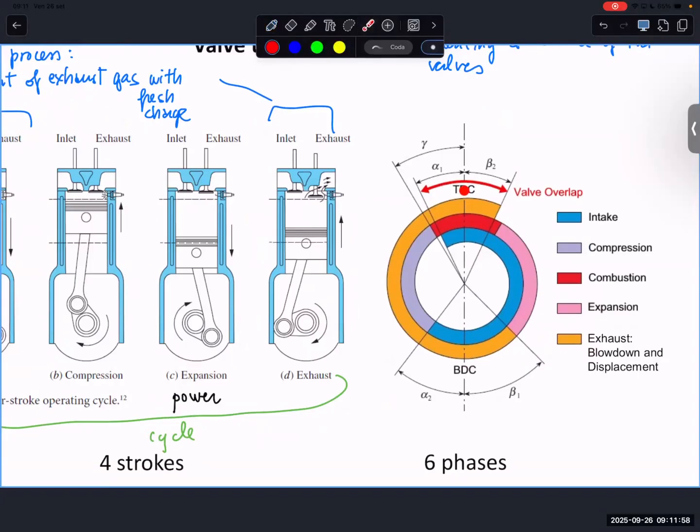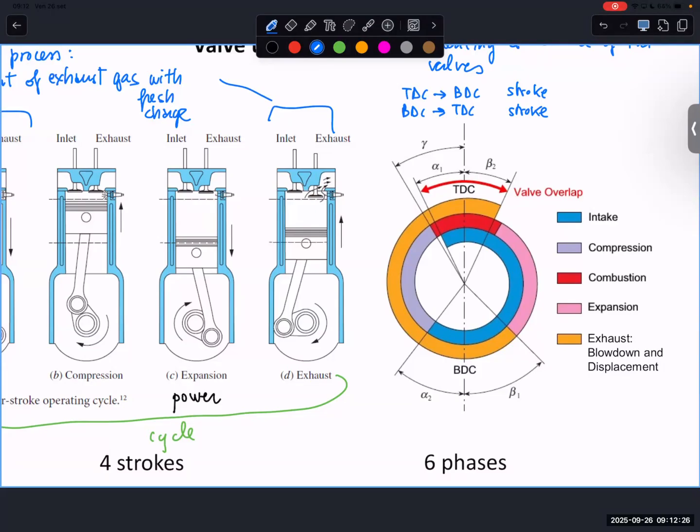When we move from TDC to BDC, we have one stroke, or vice versa. So TDC to BDC is a stroke, but also BDC to TDC is a stroke. Here we can also check the length of the strokes with the corresponding length of the phases.